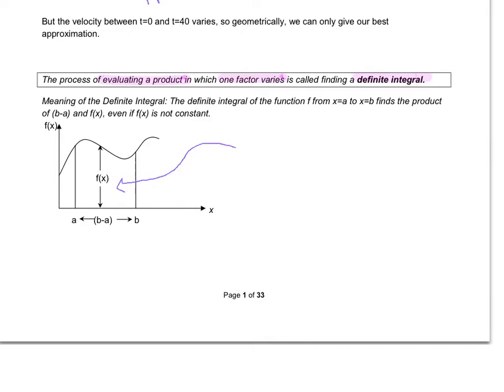So this distance in here is pretty much our base, and we could find the area by multiplying base times height, but the problem is, again, our height is changing. It's not constant. So that process is called the definite integral.